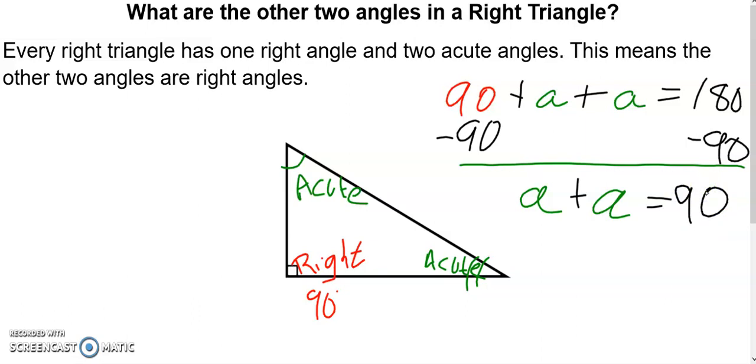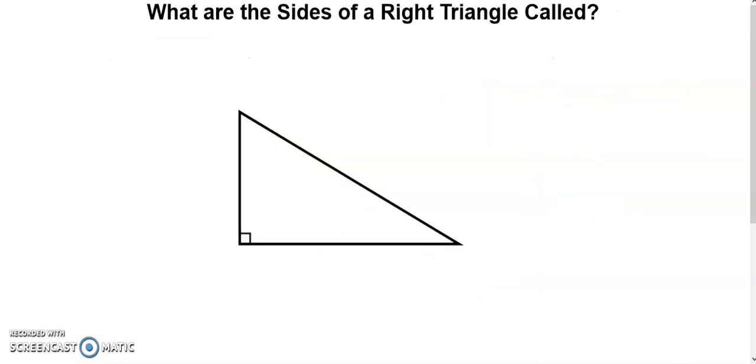Now, what's going to be important for this lesson after the right angle is the most important part. Do I have a right triangle? Identify that right angle. After we identify that right angle, we are going to use that to identify the sides. The most important side in a right triangle right now is called the hypotenuse. So we're going to start at the right angle. I'm going to draw a line straight out. And this side is called the hypotenuse.